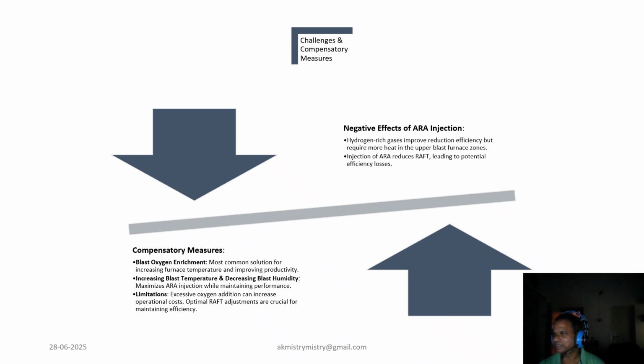Co-injection strategy is another powerful tool: combining coal with natural gas or oil balances things out. So all these work well together. We have to see that temperature control, gas chemistry, and reactivity all align.